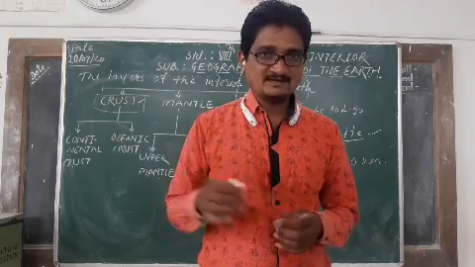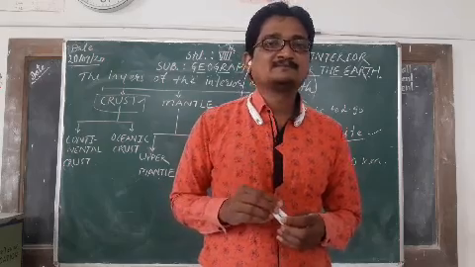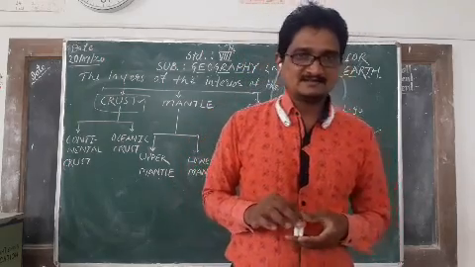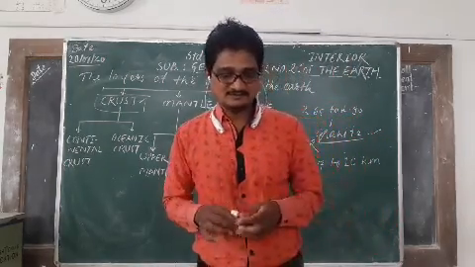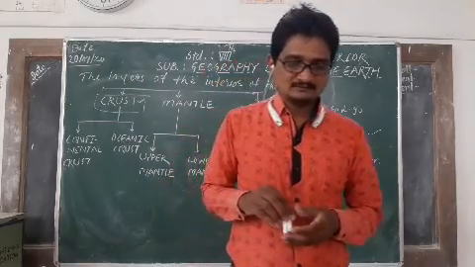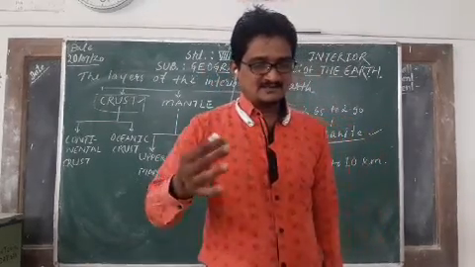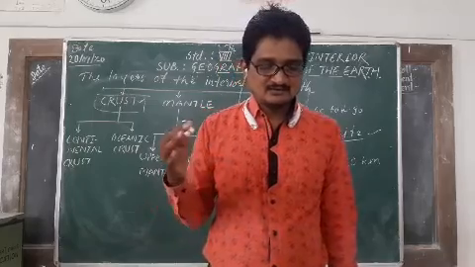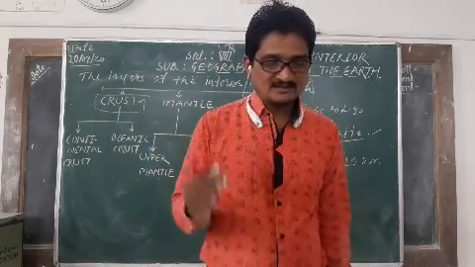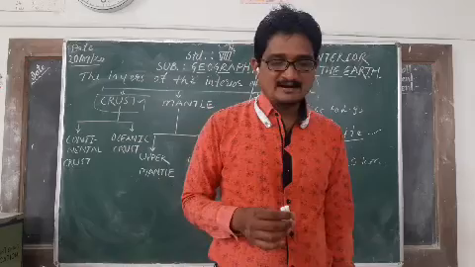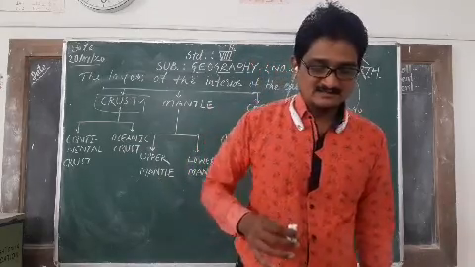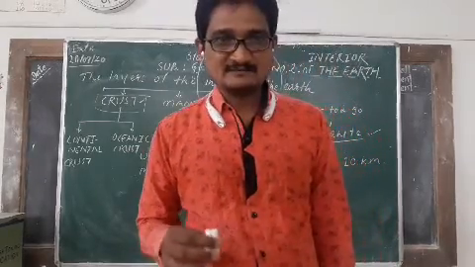For match the pairs, name the following, like this type of questions. Then do you know there is a discontinuity between the continental crust and oceanic crust? It was first deduced by a scientist called Conrad, and it is named after him as Conrad discontinuity.